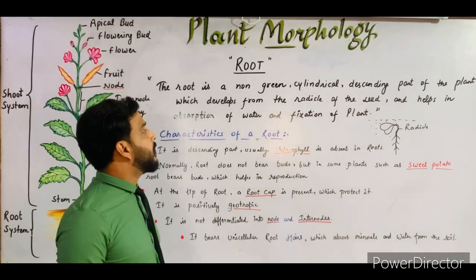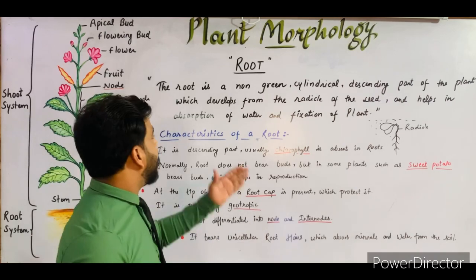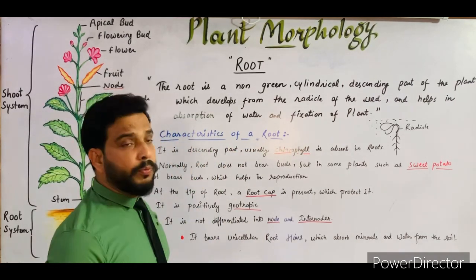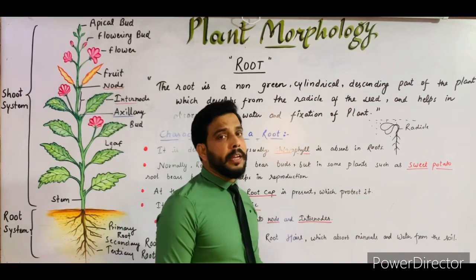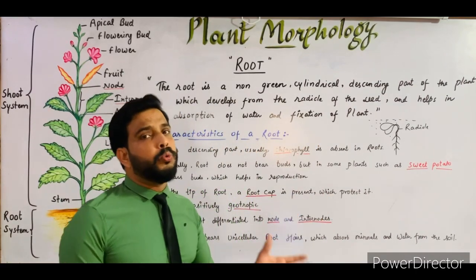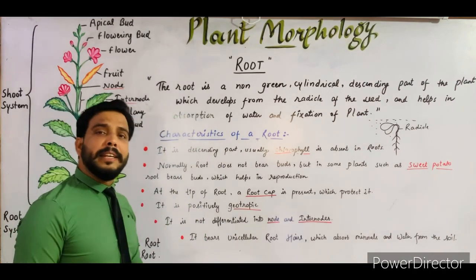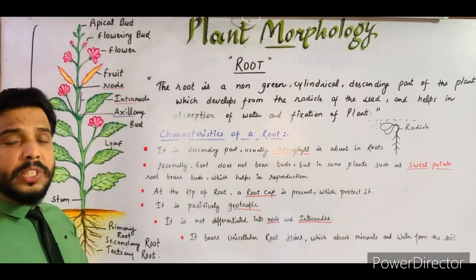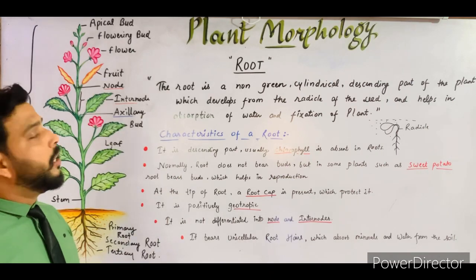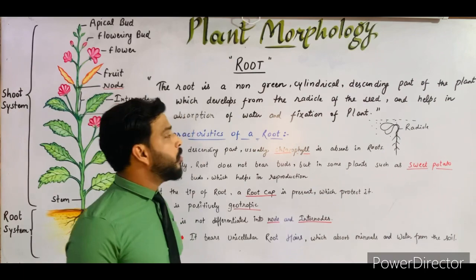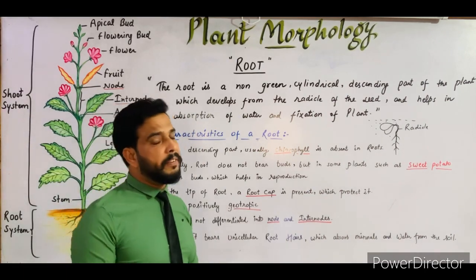I also described two functions of root: absorption of water and fixation of the plant in the soil. So the root is a non-green, cylindrical, descending part of the plant which develops from the radicle of the seed and helps in absorption of water and also in the fixation of the plant. So that was the definition of root.